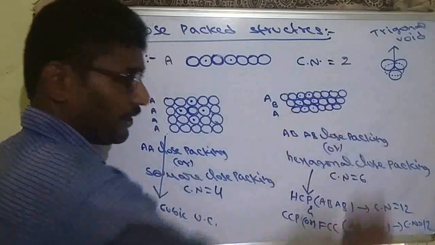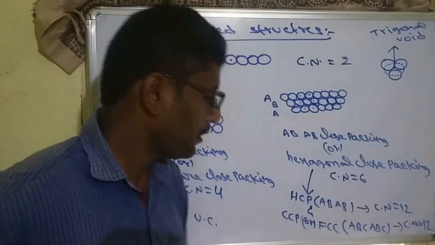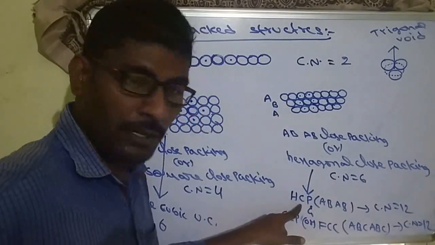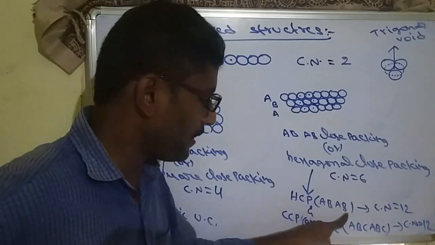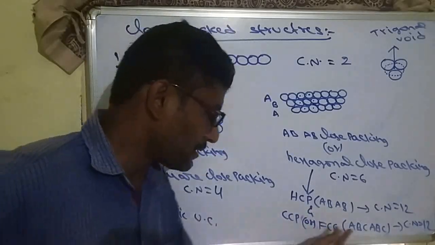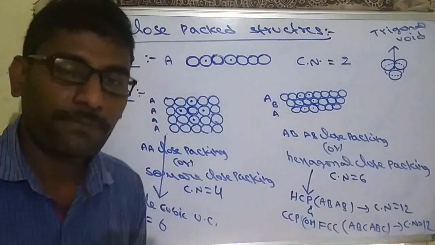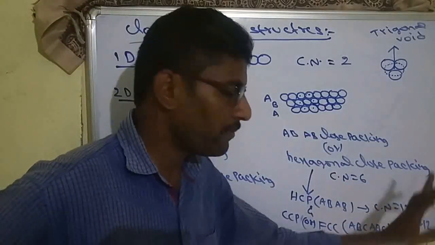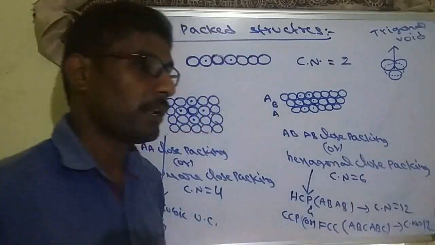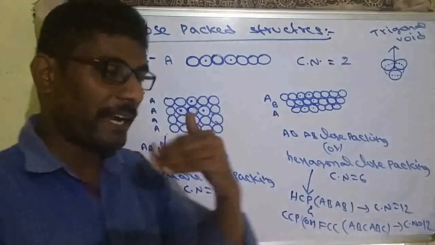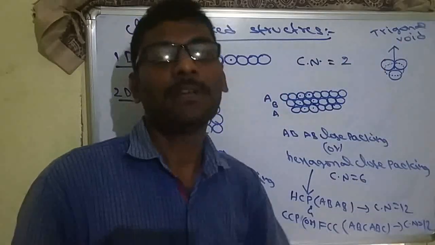Similarly, this AB close packing, when we are attaching in three-dimensional manner, we get HCP and also we get CCP. HCP is represented with AB, CCP represented with ABC. CCP is also called FCC. So FCC coordination number will be 12. So simple cubic 6, FCC 12. In the same manner, BCC coordination number will become 8.